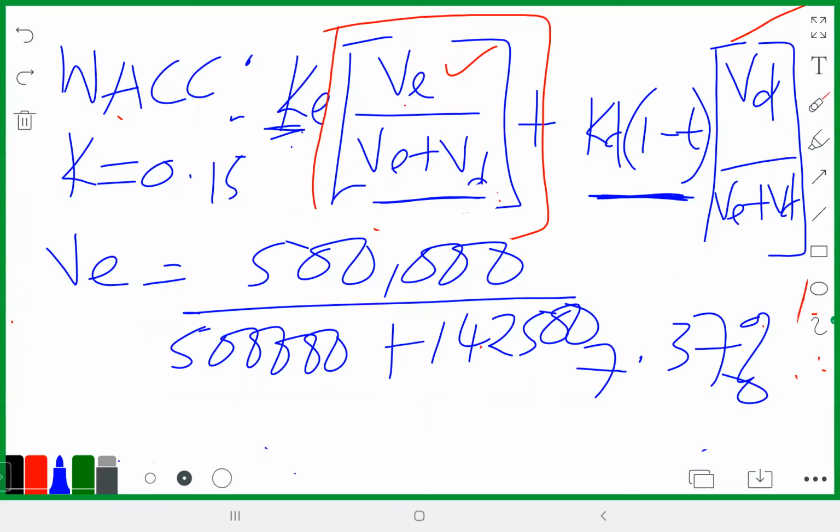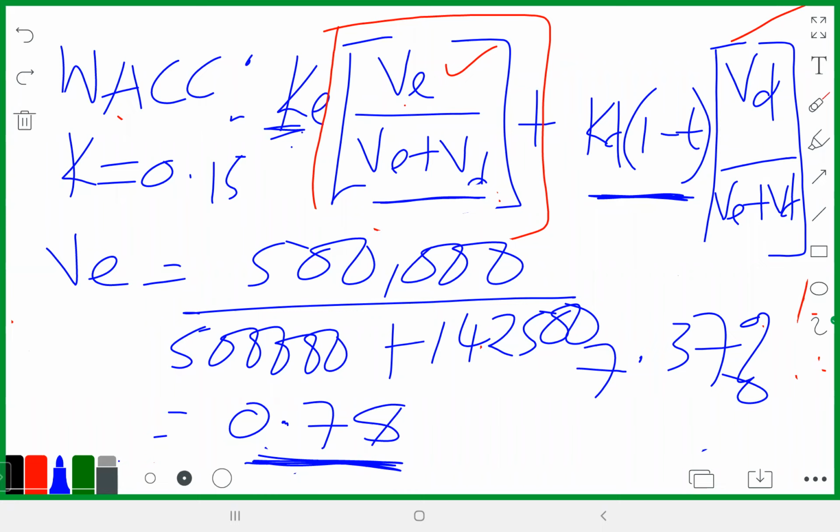Yes. That's a weight, right? So you can just write it as a decimal, 0.78, to 2 decimal places. As the weight, this is now the weight of equity.